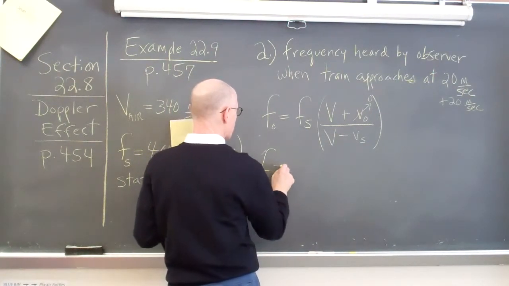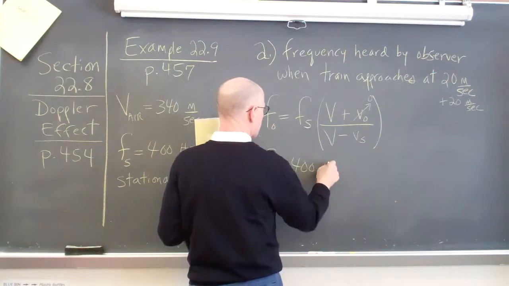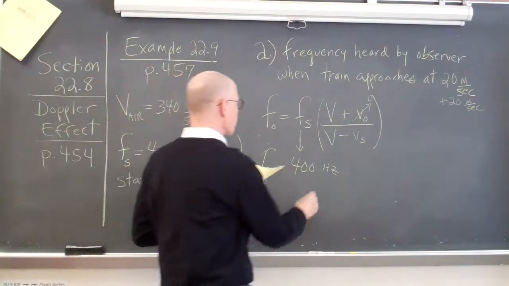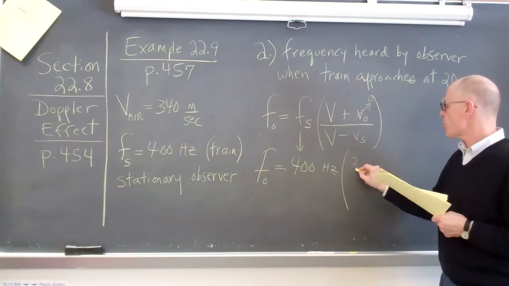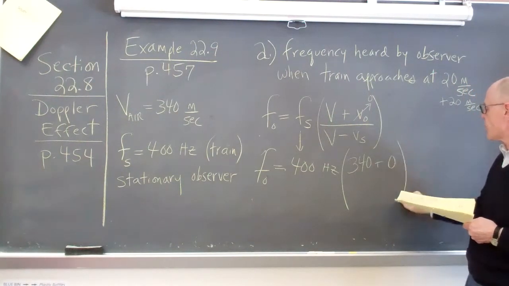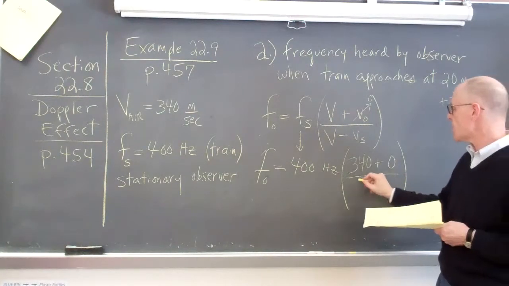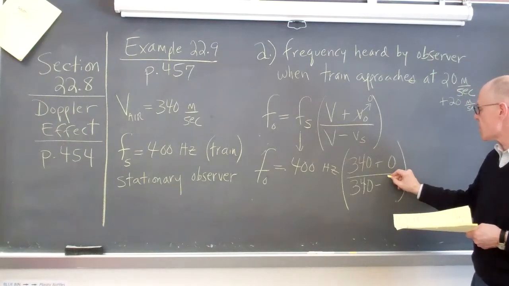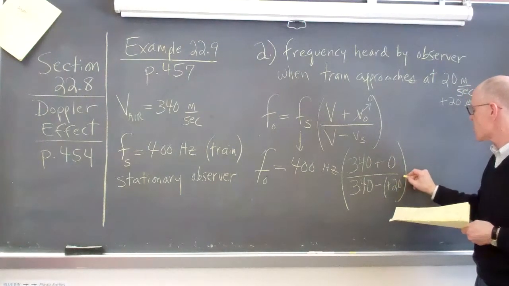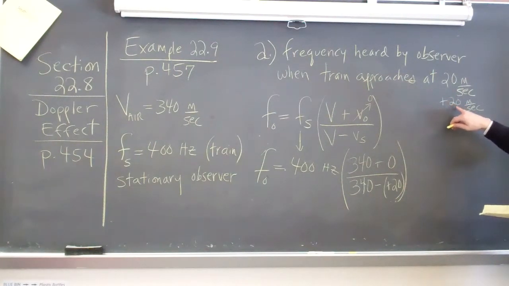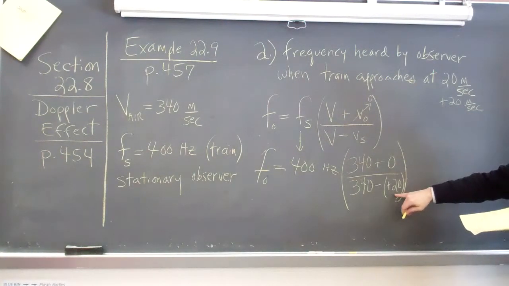Frequency heard by the observer is equal to the 400 hertz, that's the frequency of the source of sound, times 340 plus 0, divided by 340 minus a plus 20, because we have an approaching train, so you plug in the speed of the source as a plus 20.